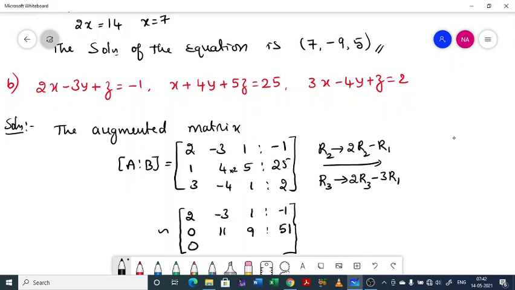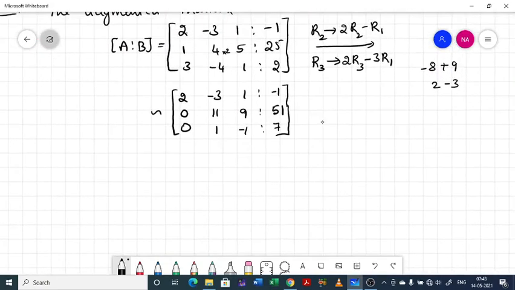Here minus 4 into 2 we get minus 8, minus into minus plus 3 into 3, 9. So minus 8 plus 9, you get 1. Next 1 into 2, so you get 2, minus 3, so minus 1. Next 2 into 2, 4 plus 3 is 7. So we got the reduced matrix here.